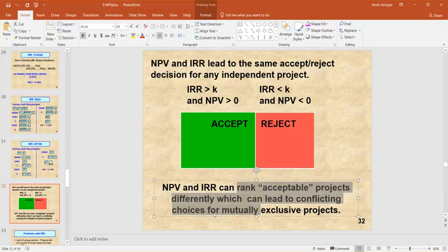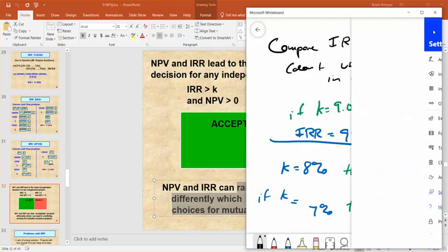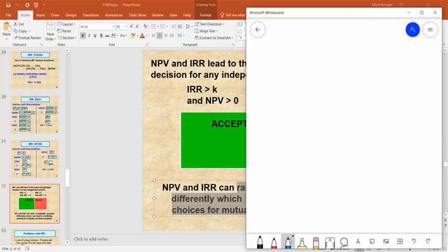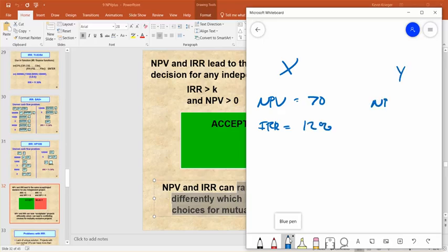So you can actually have something like this dichotomy where project X has an NPV of 70 and an IRR of 12%, and project Y has an NPV of 80, but an IRR of 11%. Well, this is the superior project, the one that you'd want to do if you were ranking them, because it has the better NPV, and that's the only decision rule measured in dollars.